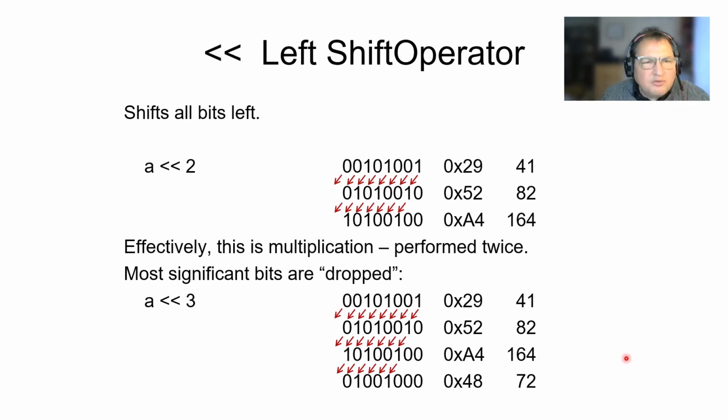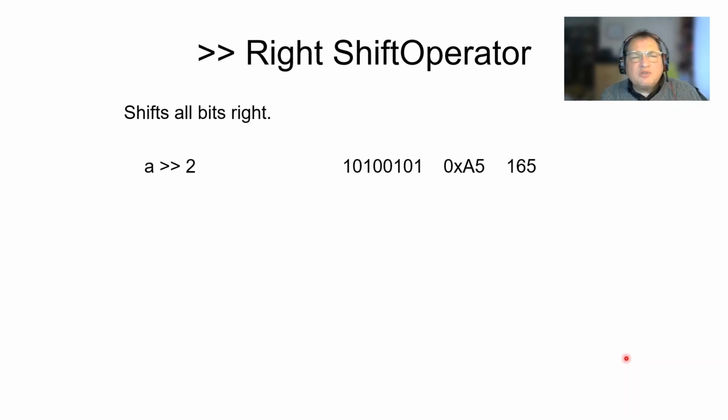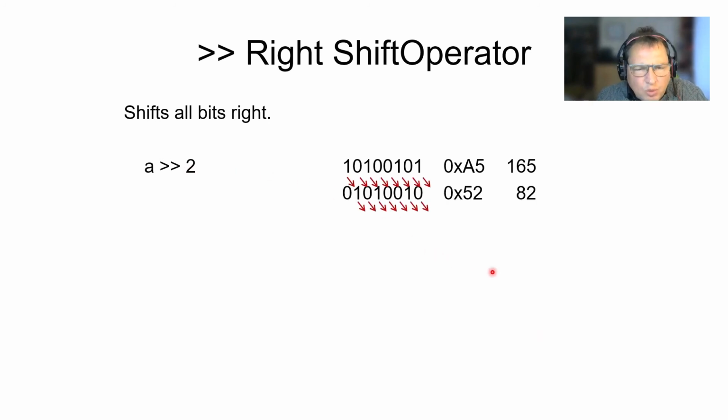And we also have the right shift operator, which works the same way, but moves everything to the right. So this is shift by 2 positions to the right, 1, 2. From 165 we got 41. Please note that the rightmost, the least important bit has been lost after the first shift.